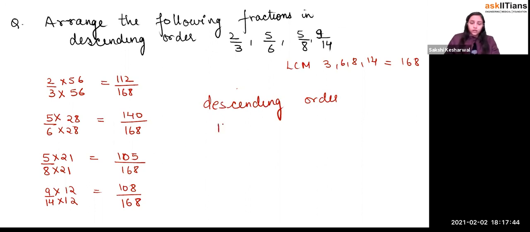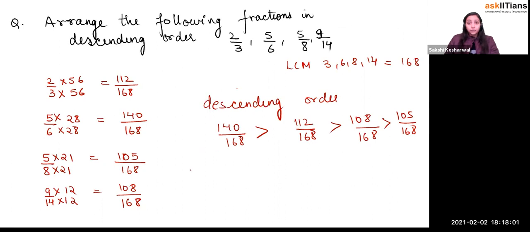So the highest is 140 by 168, right? Then you have 112 by 168, then 108 by 168 and 105 upon 168, right? So you have to put the sign like this.